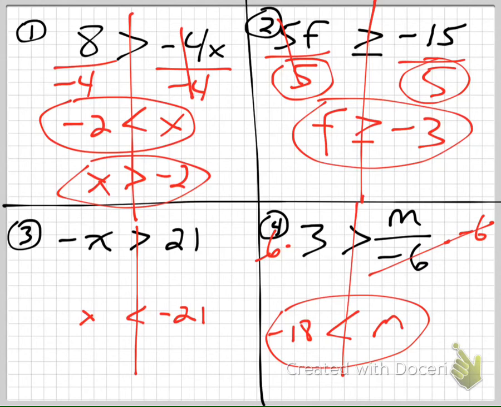The negative x becomes an x. This sign gets flipped over to here, and the 21 becomes a negative 21. So whenever you have a negative variable and you're like, yuck, right then and there, you can flip every sign. Even if it looks like this. I mean, this is a little more complicated, but if it ended up looking like this, 5 minus m is less than negative 30.